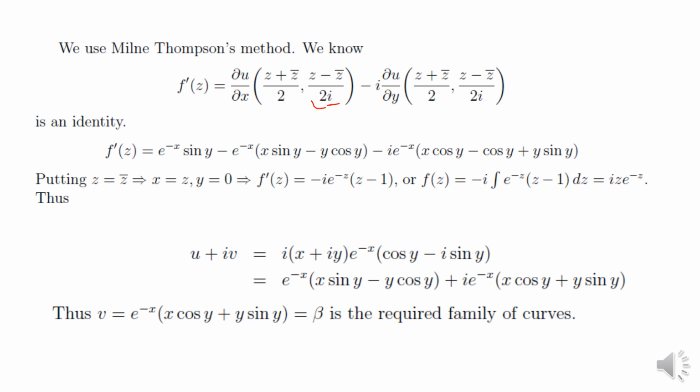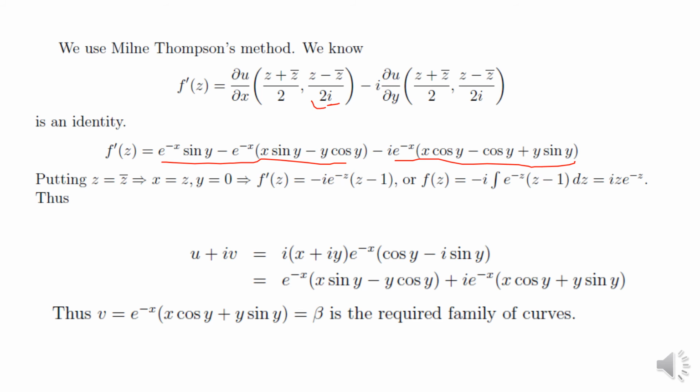When we differentiate it with respect to y, it becomes e to the power minus x (x cos y minus cos y plus y sin y). So this much is del u upon del x, and this is del u upon del y.